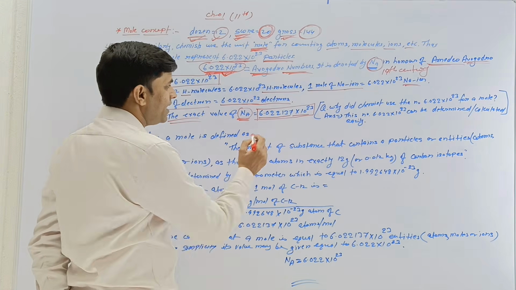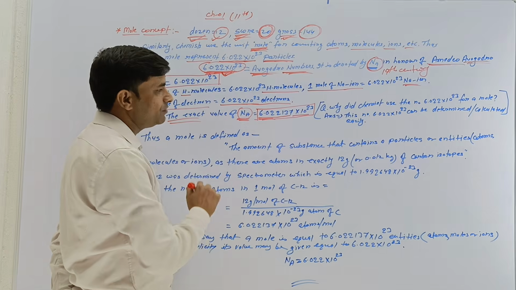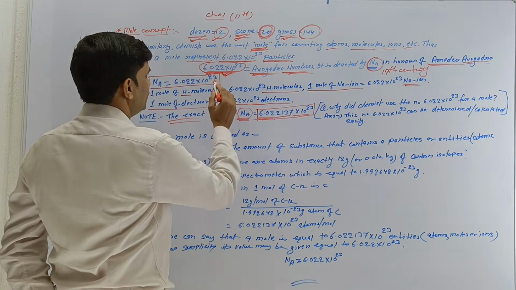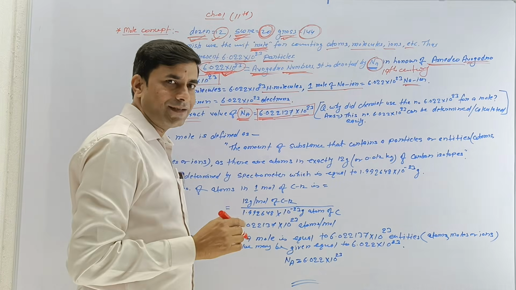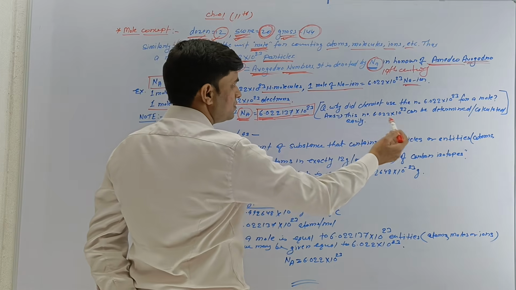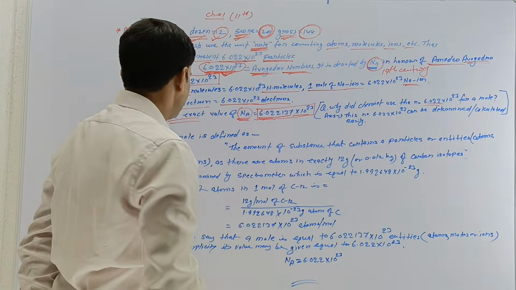To simplify 6.022137 into 10 to the power 23, chemists use 6.022 into 10 to the power 23 as the Avogadro number.